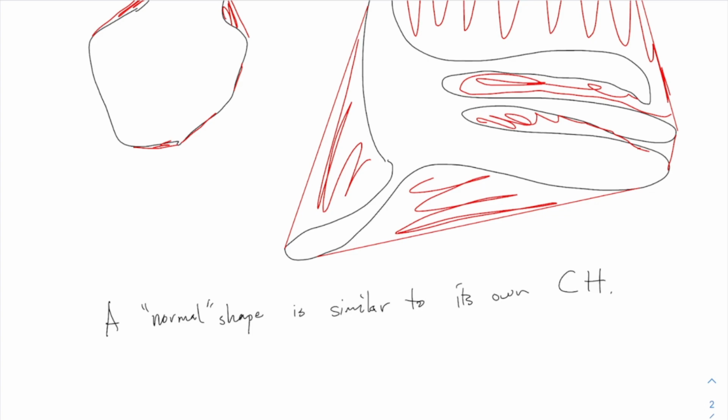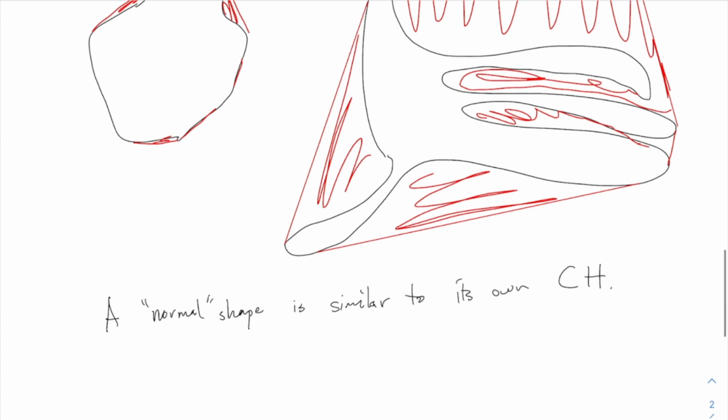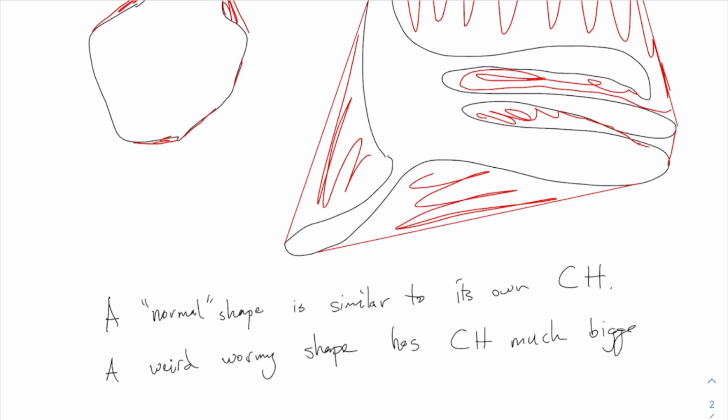That's like the one on the left. When I did the convex hull, it wasn't all that different from what I started with. But a weird wormy shape has a convex hull much bigger than the original shape, the OG shape. Everybody knows what OG means.